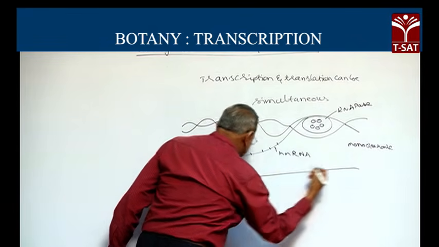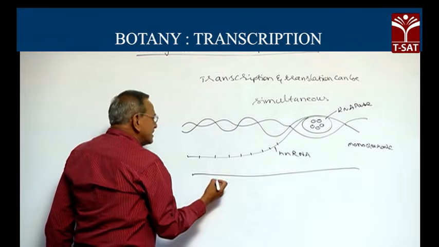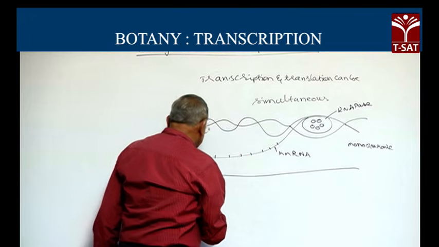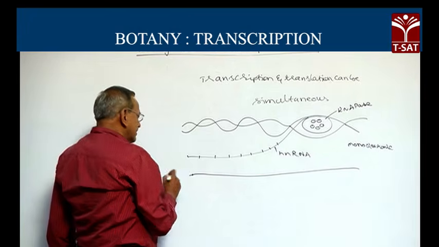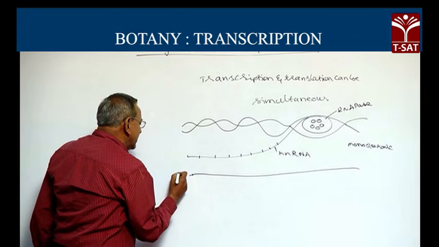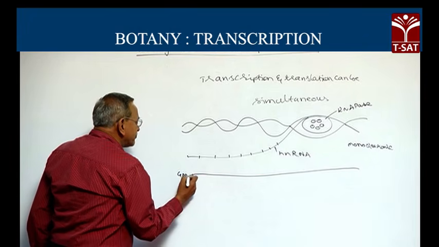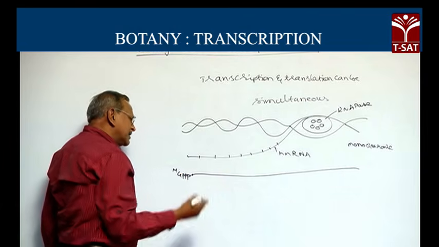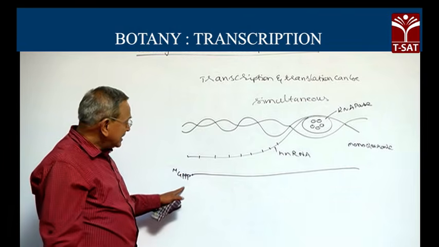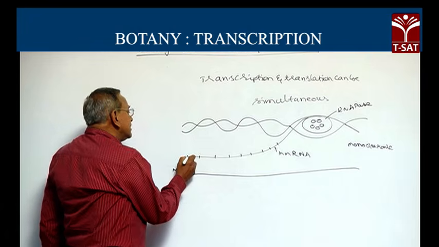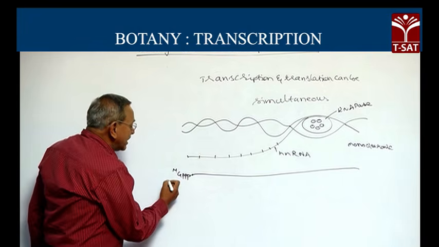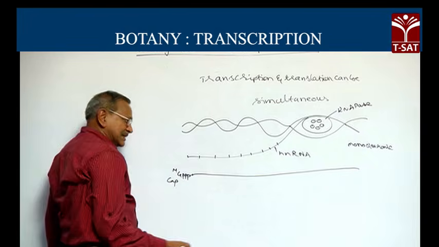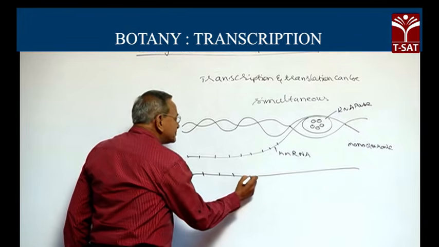Now, let us consider this, and this is the hnRNA formed, and this hnRNA immediately requires capping, and a methylated guanine cap is attached at the beginning. At 5 end, a methylated guanine cap is attached.